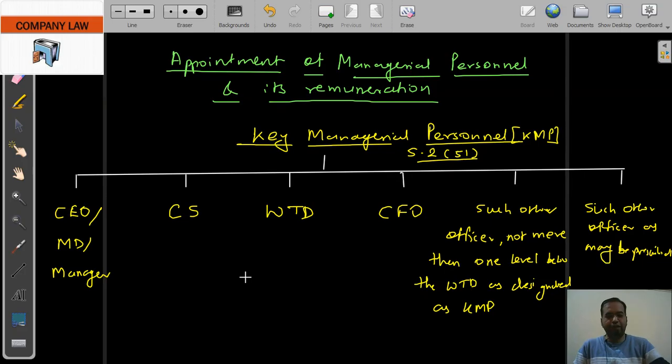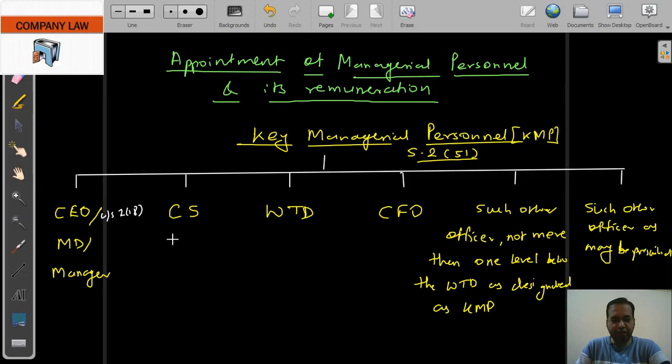Okay, so let's try to focus on the various key managerial persons. The Chief Executive Officer is defined under section 2 subsection 18, which says that an officer of the company who has been designated as such.